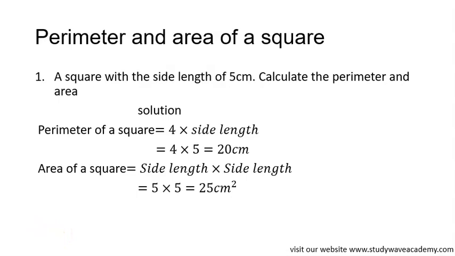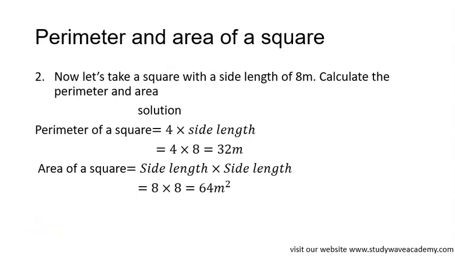Now let's look at another example. Now let's take a square with a side length of 8 meters. Calculate the perimeter and area. Remember the formula, we're going to be using the formula, okay? The perimeter of a square is equal to 4 times side length, and here the side length is 8 meters.